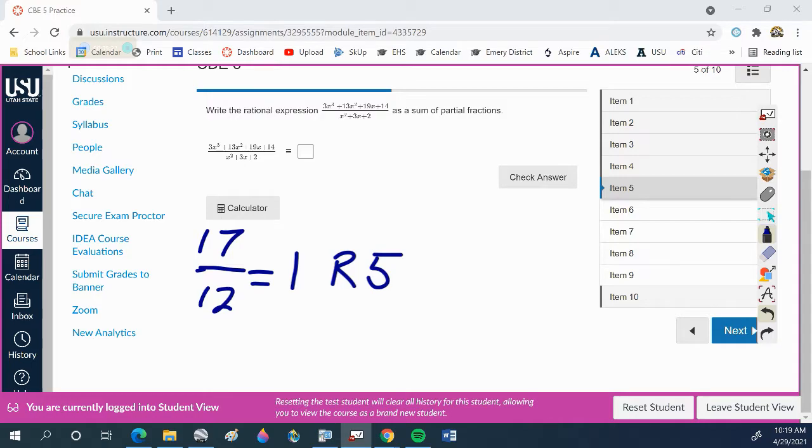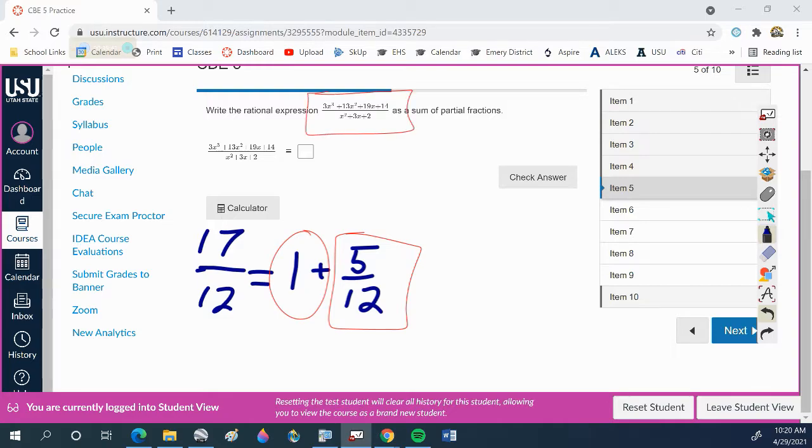What is that really? It's 5/12. You guys see that? So this is the reason that the fraction is top heavy. And then this is the remainder that we need to figure out the partial fractions for. So how do we turn this into a mixed number?